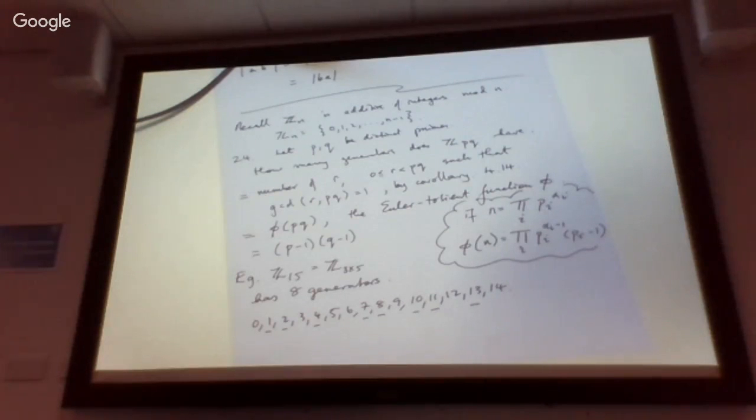Zpq. You're considering the integers under addition modulo P times Q. The question tells us that P and Q are distinct primes. And we have that corollary that something is a generator of Zn if and only if it's co-prime to n.